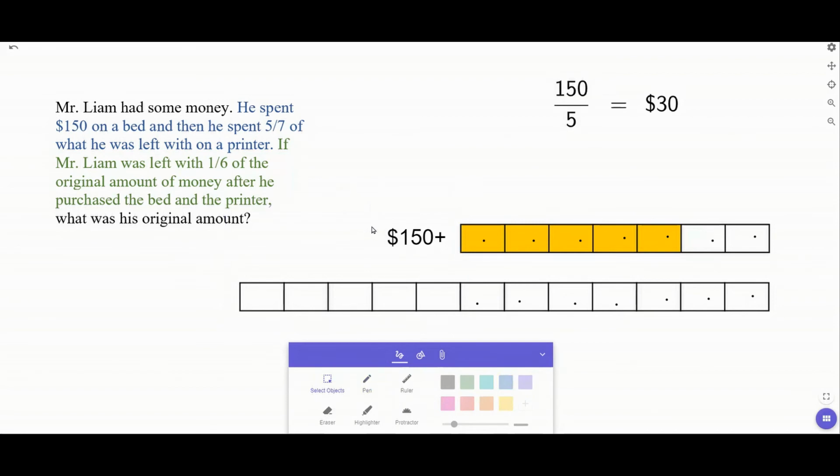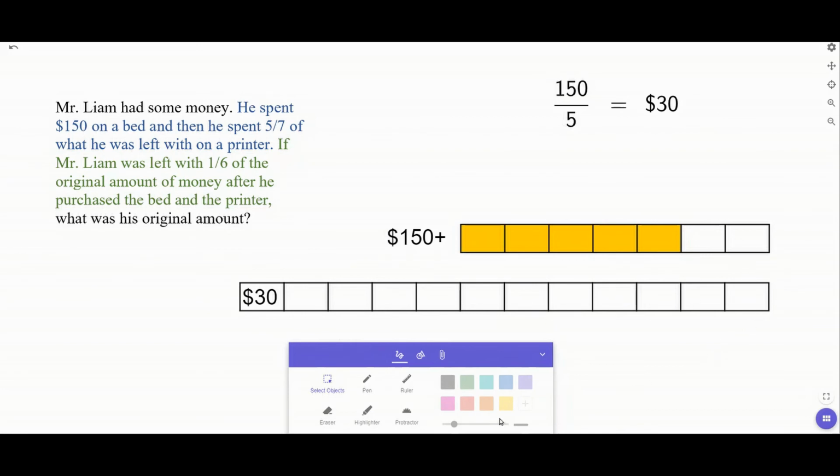Now, let's see what they want. How much money did Mr. Liam have initially? Well, I'm going to write down the value in one of them. So each rectangle represents 30. And how many rectangles did he have originally? He had 1, 2, 3, 4, 5, 6, 7, 8, 9, 10, 11, 12.